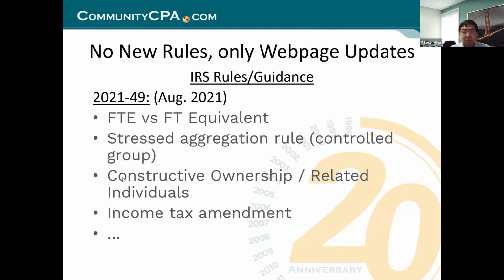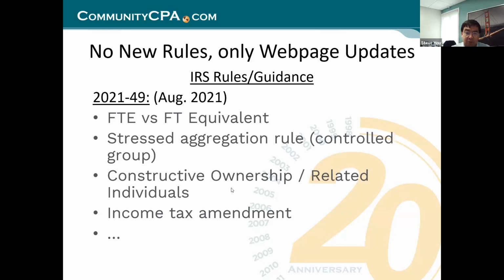Okay, and then based on this constructive ownership, you have to determine the related individuals. So there's a whole list of related individuals. Related individuals are the relatives of the constructive owners. There is a specific list of what those relatives need to be, so it's not an unlimited expansion of relatives.